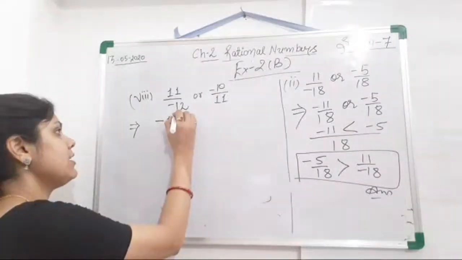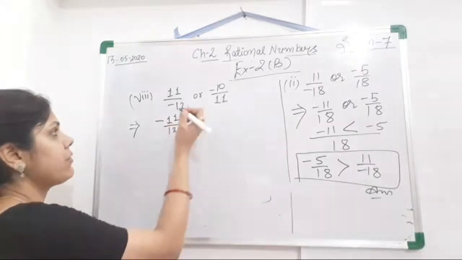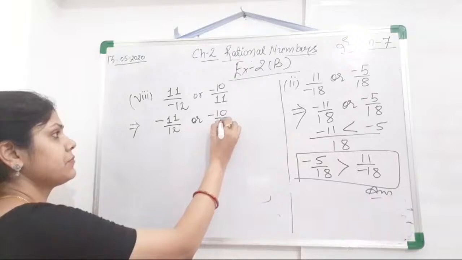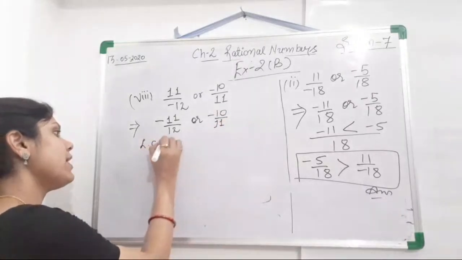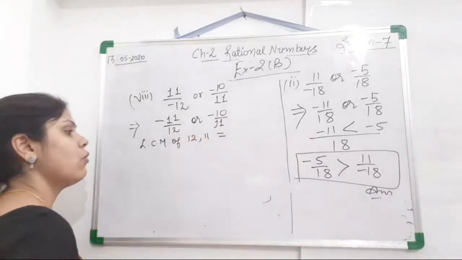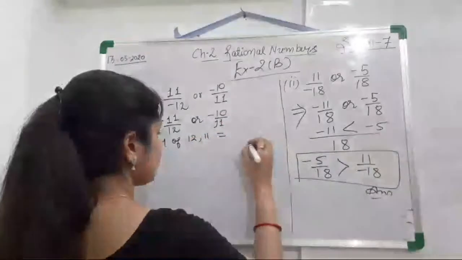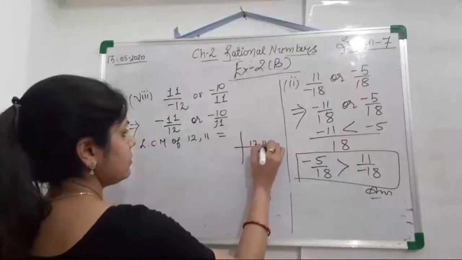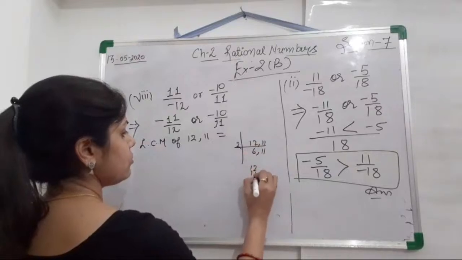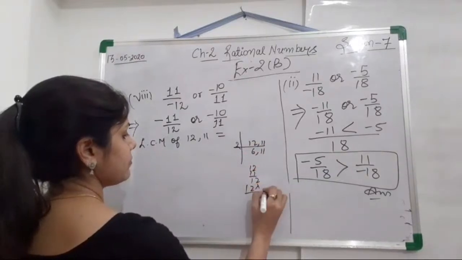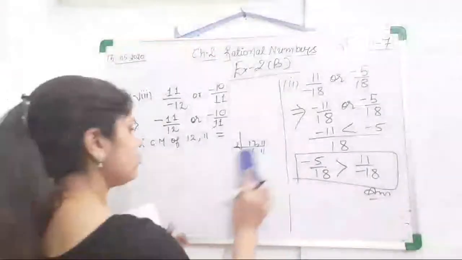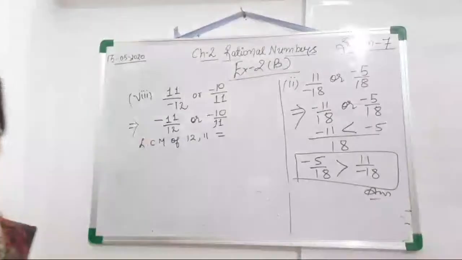So minus 11 upon 12, I am writing, or minus 10 upon 11. Now you will take out the LCM of 12 and 11. It will be 12 into 11, just take out the LCM by your own. You will get it as 132.